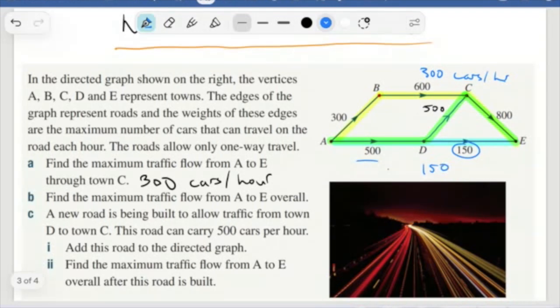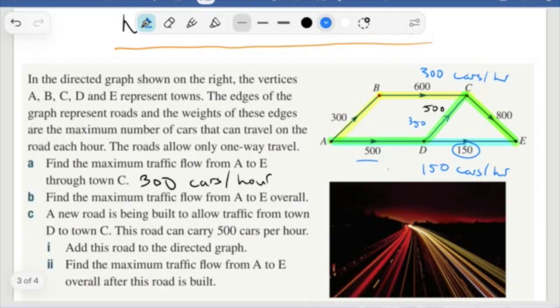We have 150 cars per hour. But of these 500 cars, 150 pass through here. But adding this new road now allows the remaining cars to take a different route. So we can actually get 350 cars going up to here.